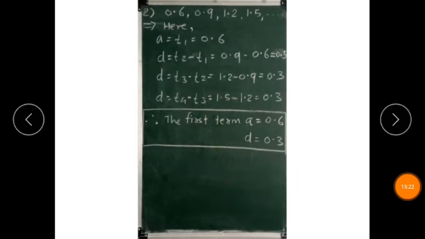In this question, there are 4 examples. So let us see the second one. The AP is given as 0.6, 0.9, 1.2, 1.5 and so on. Here the first term A, which is equal to T1, is equal to 0.6. Let us find the difference between the first two consecutive terms. T2 minus T1, 0.9 minus 0.6, is equal to 0.3.